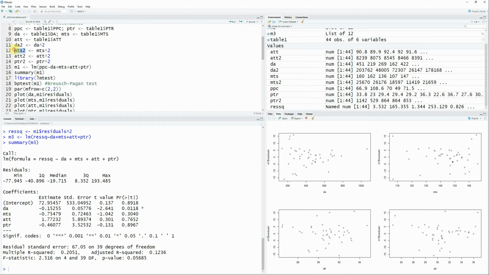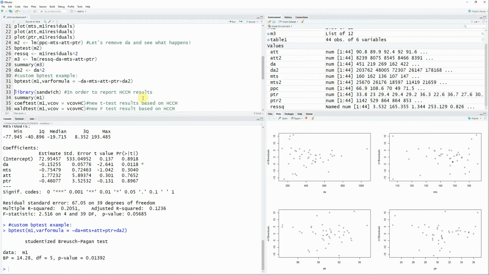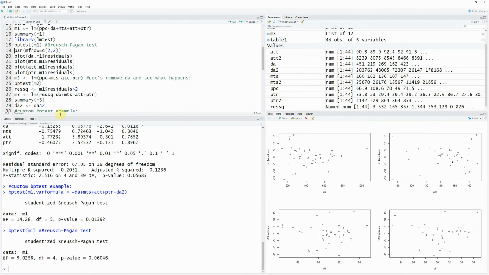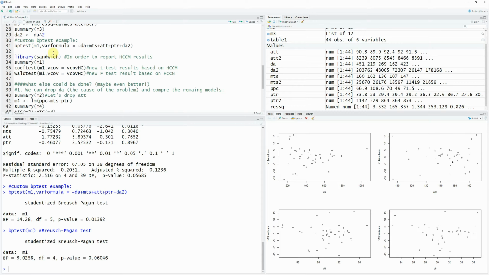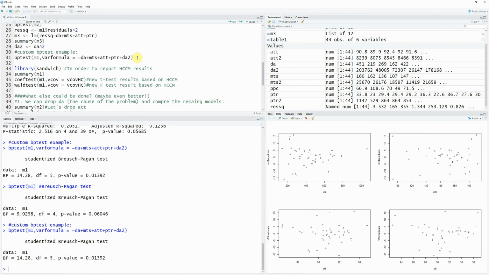I can add these other ones as well, so I can line them up. So let's run this first. We can see it shows 1% when I added that one, compared to when I didn't have that, it was just 6%. But when I added the DA squared, I can see that it even got better.